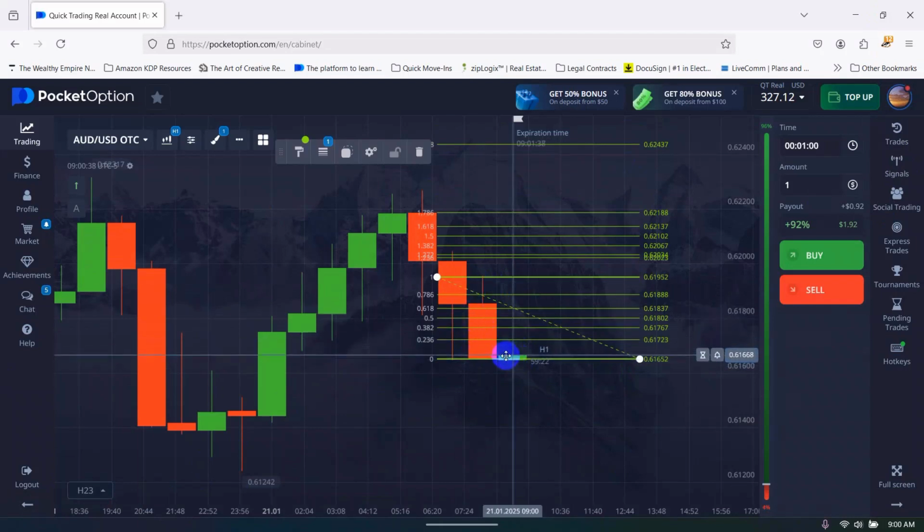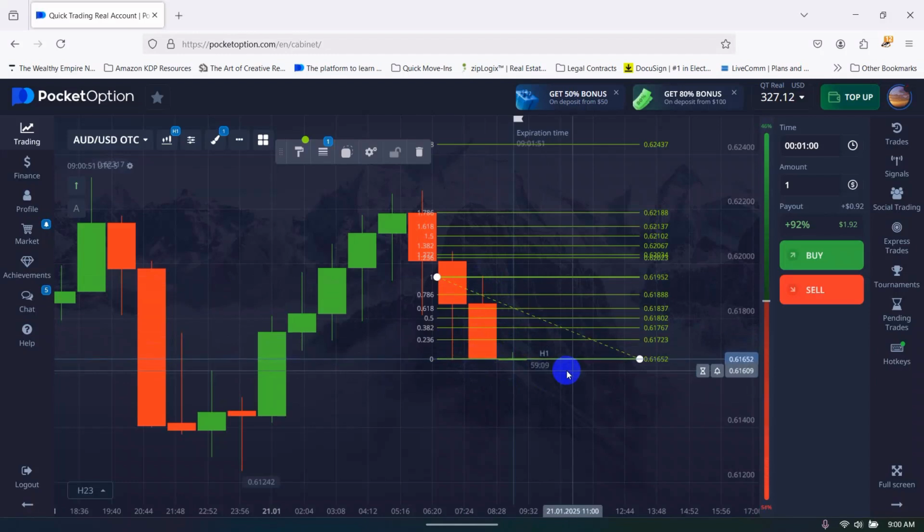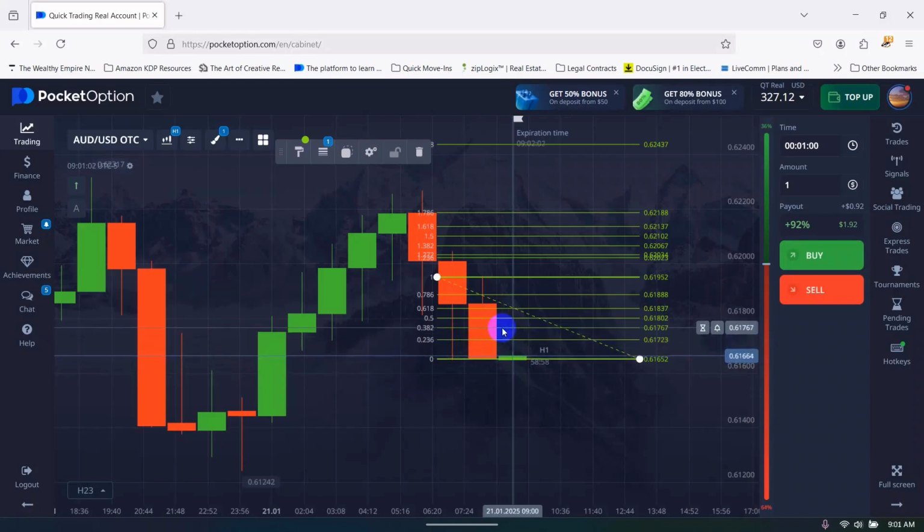And now the current candle is starting to retrace back into this candle. So the perfect trade would be for us to wait for it to retrace all the way back to the 20% line, or the 30% line, 50% line, 60% line. So that would be the perfect trade.